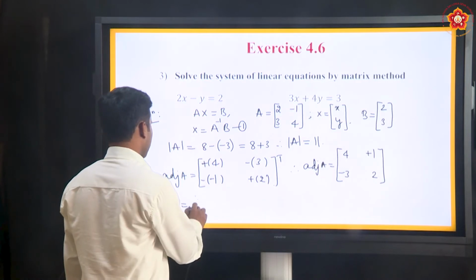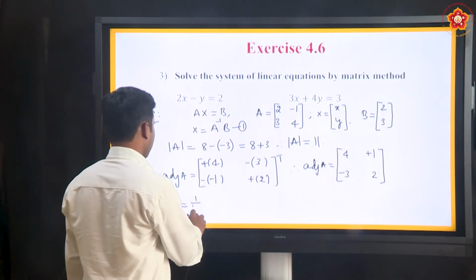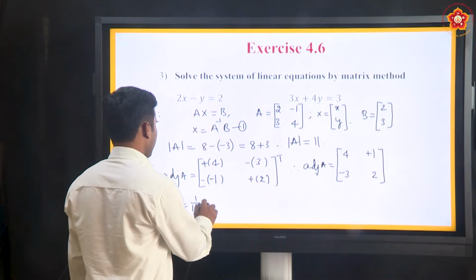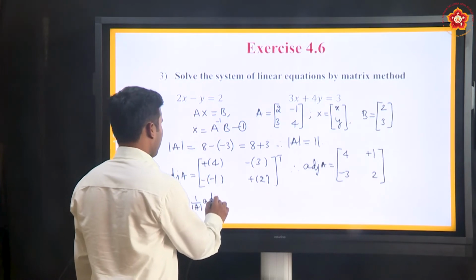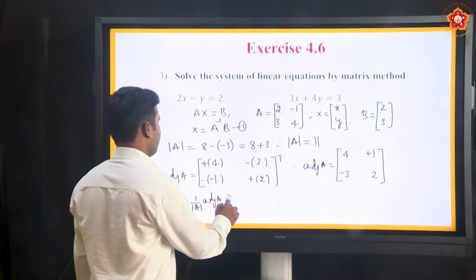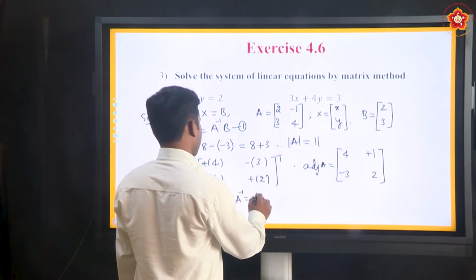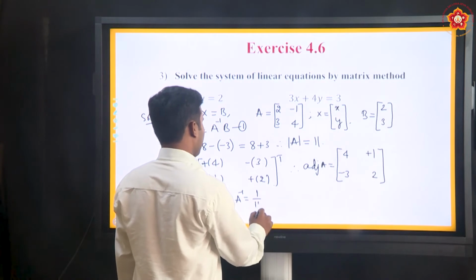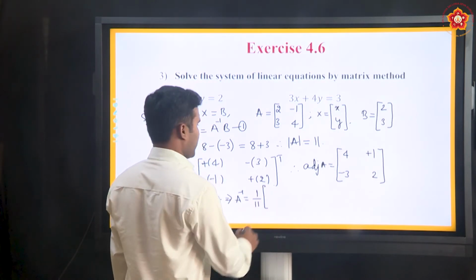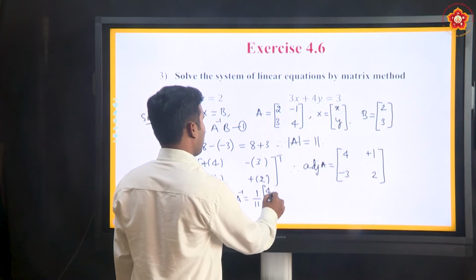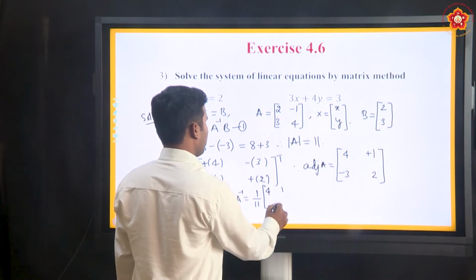What is A inverse? 1 by determinant of A into adjoint of A. So A inverse is equal to 1 by 11 into the adjoint of A, which is 4, 1, minus 3, 2.